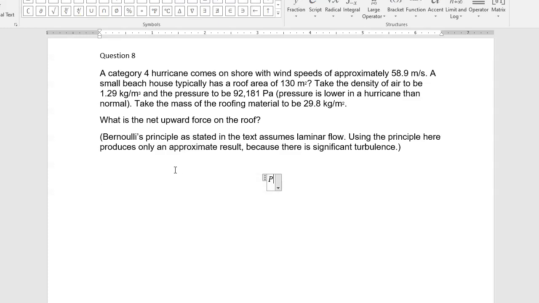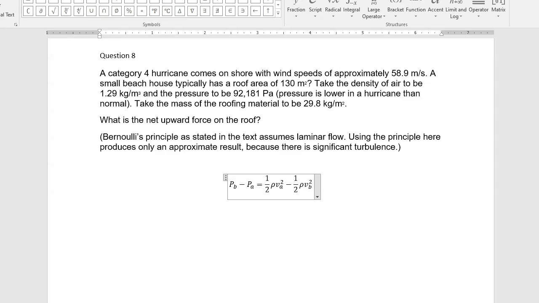And so P below the roof minus P above the roof is going to be 1/2 rho V above the roof squared minus 1/2 rho V below the roof squared. That's going to be the pressure difference, and it's straight out of the slides.